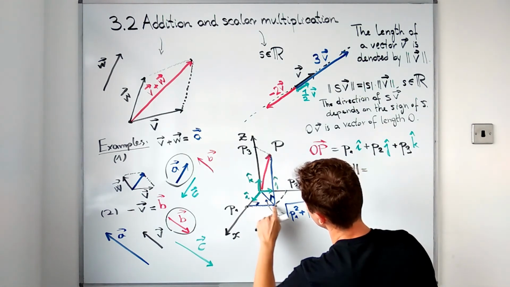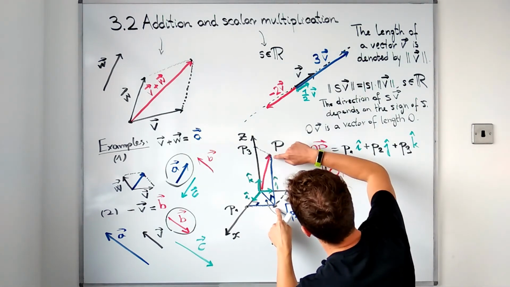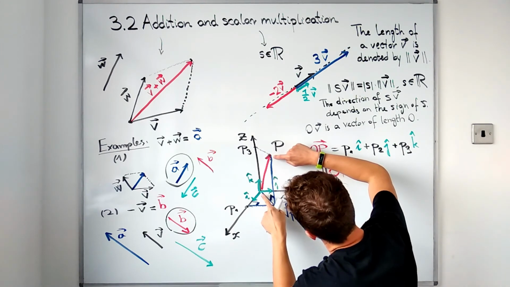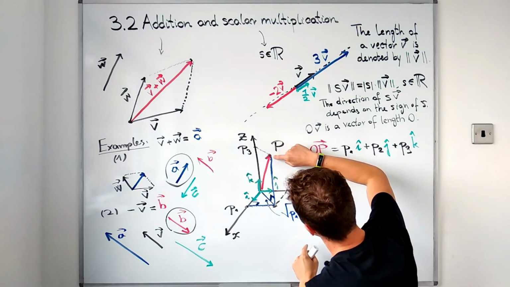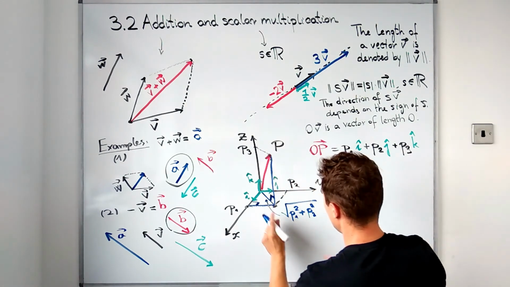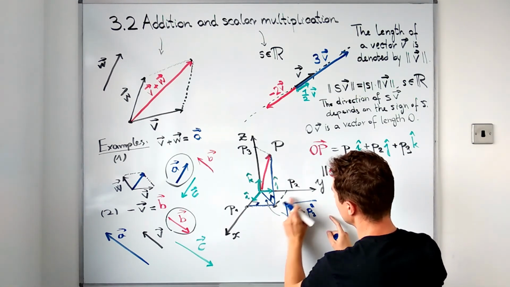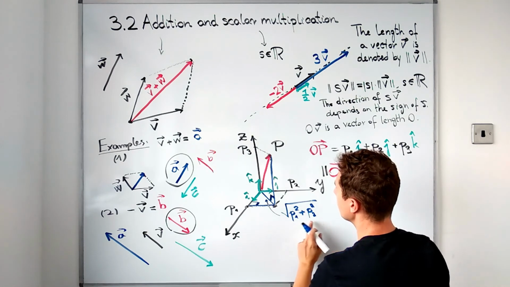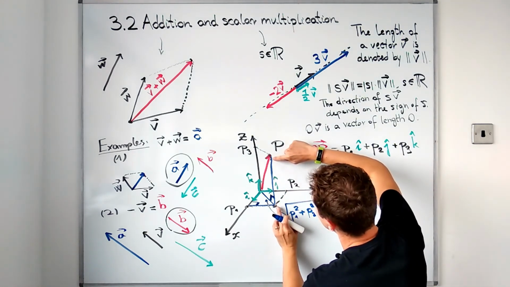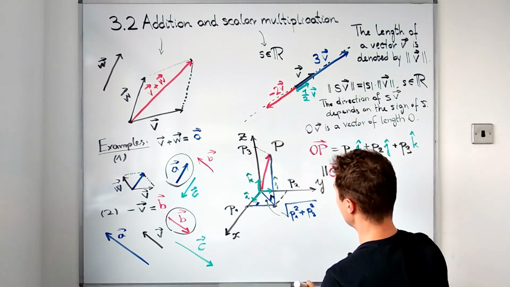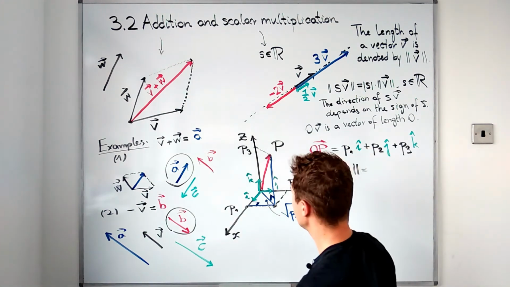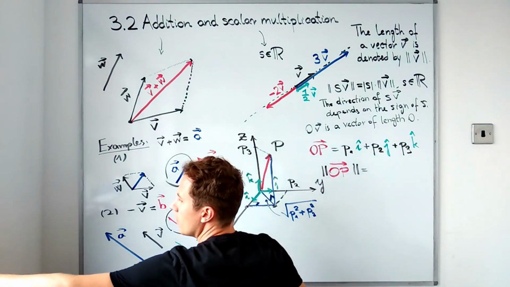So going from the origin to this projected point up to P gives us a right-angled triangle with legs of this length, the square root of P1 squared plus P2 squared, and the other leg is of length P3.